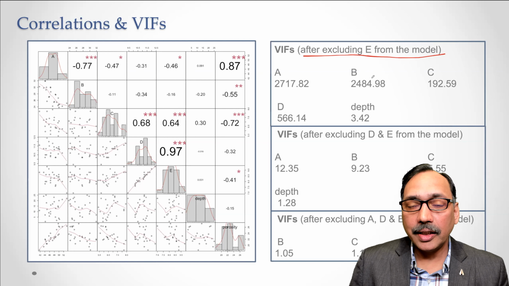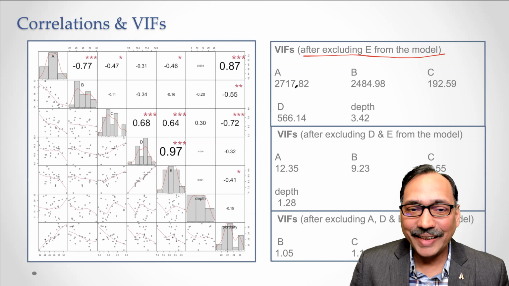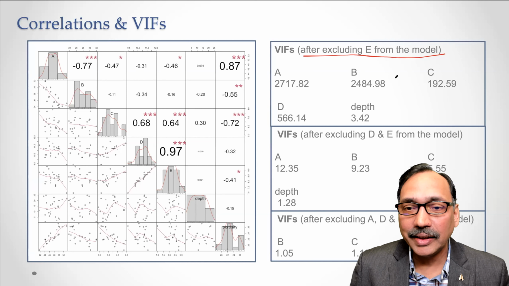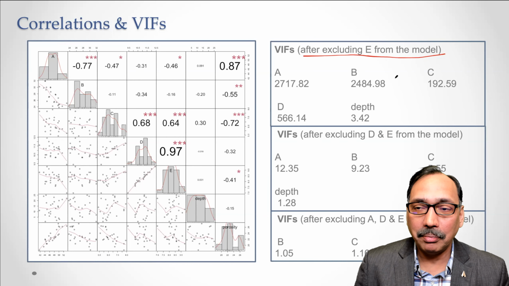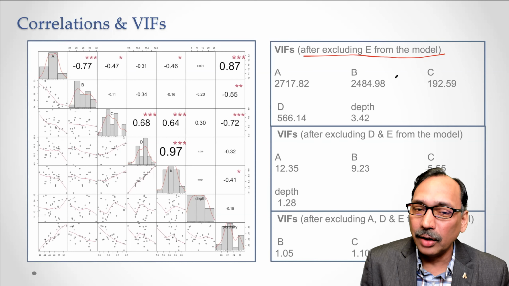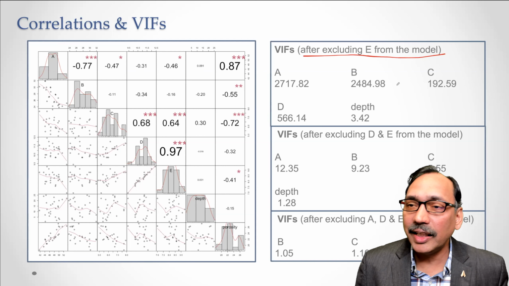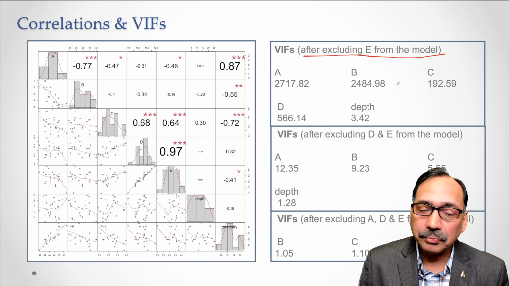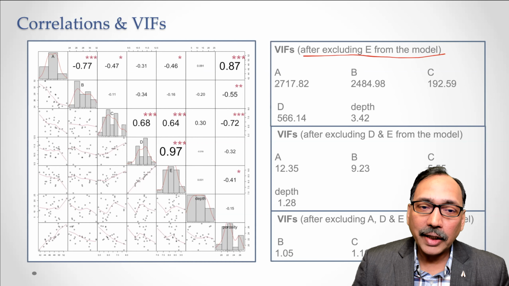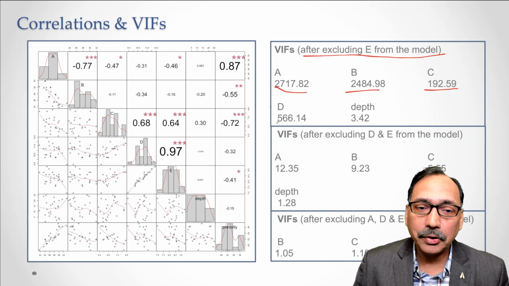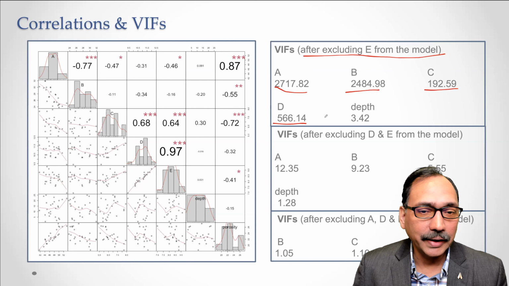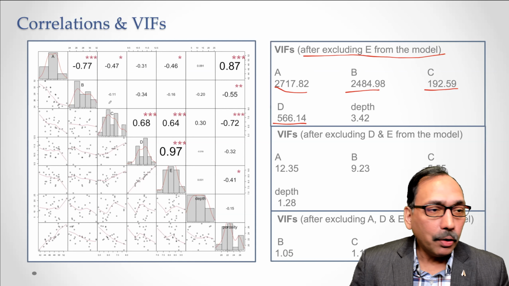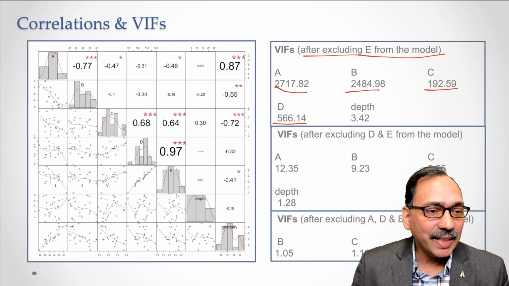But the question is, when the values are more than 10, should we get rid of everything or just one by one? So my suggestion is go one by one, not everything, because things change when you drop a variable. So although all these are flagged, it doesn't mean that we should get rid of A, B, C, D totally. So now we have to choose between A, B, C, D.